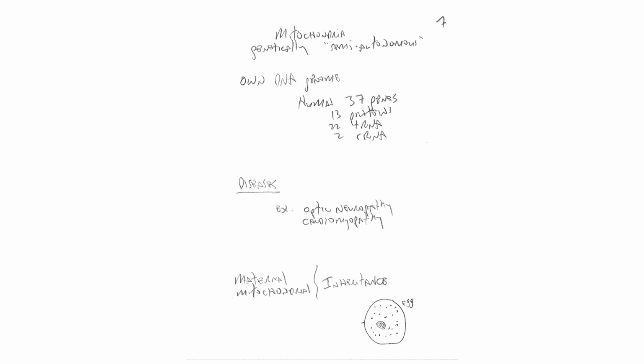Also, heart cells, cardio, require lots of energy. Again, if there's a defect in a mitochondrial gene that affects the ability to produce sufficient ATP, then you end up with cardiomyopathy or some death of some cardiac cells.